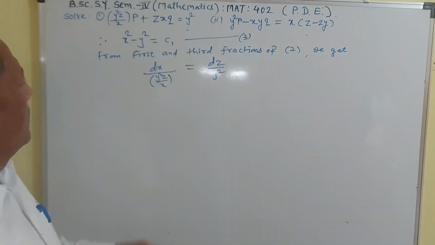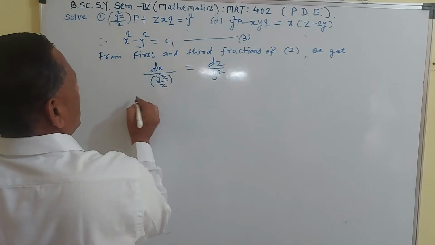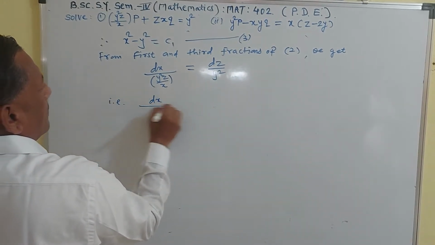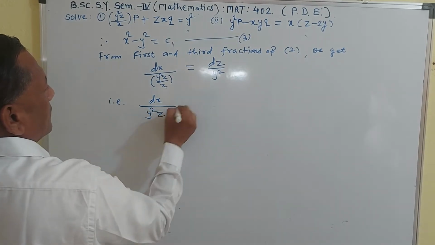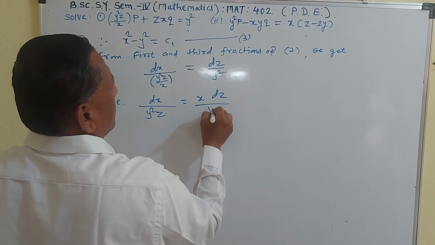So this can be written as x dx upon y square z is equal to dz upon y square.